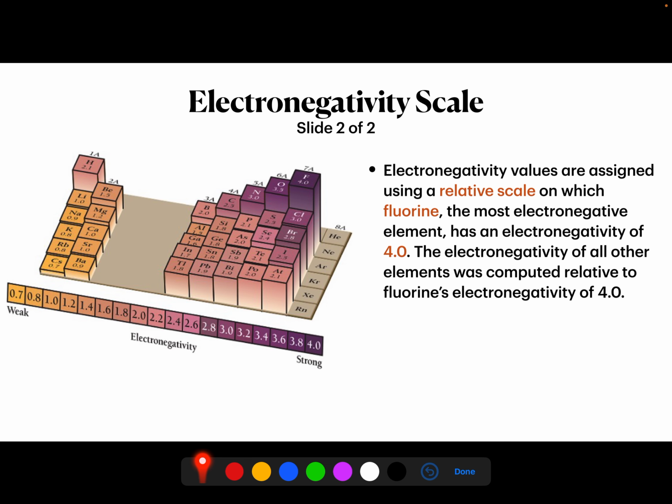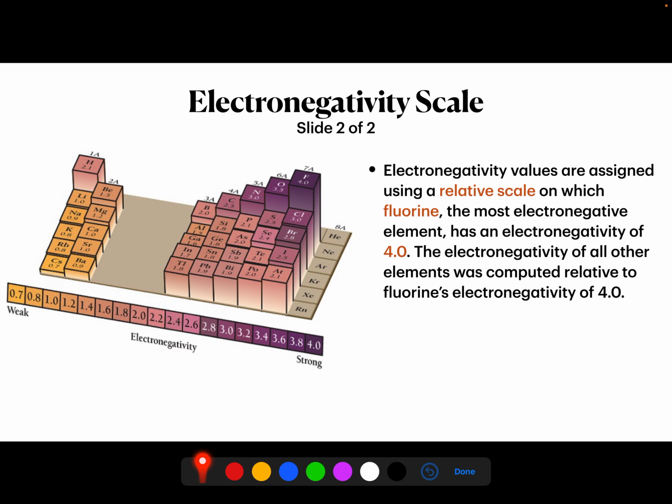He defined fluorine as having the greatest electronegativity on the periodic table and assigned it a value of 4.0, and then he compared all elements in the main group to fluorine and assigned them a value.